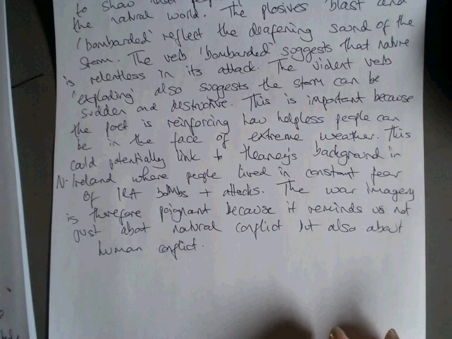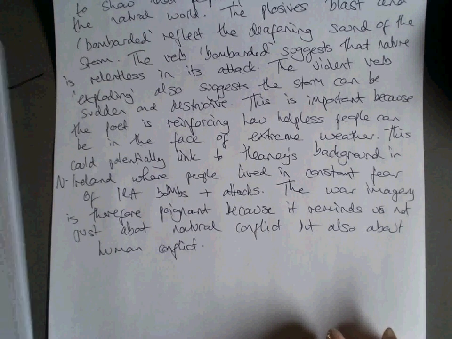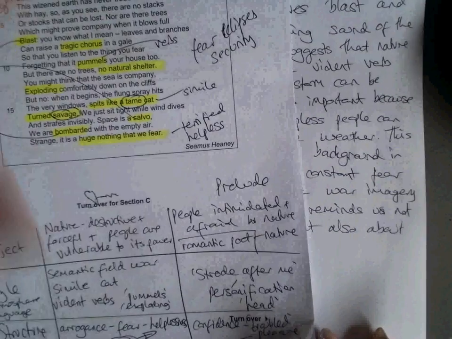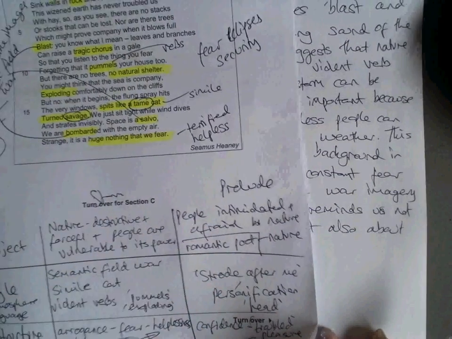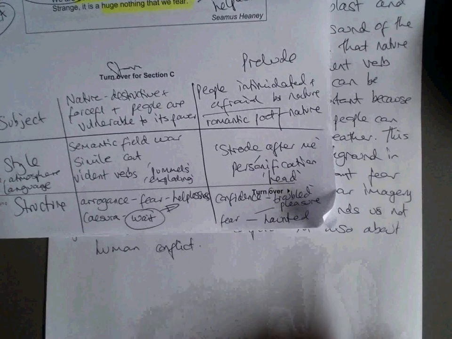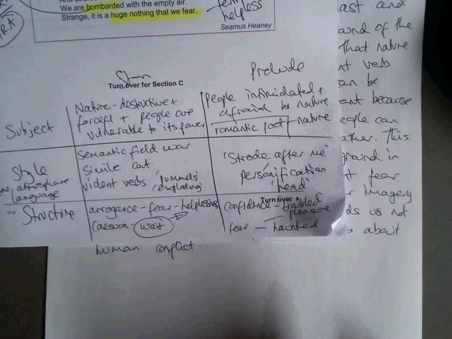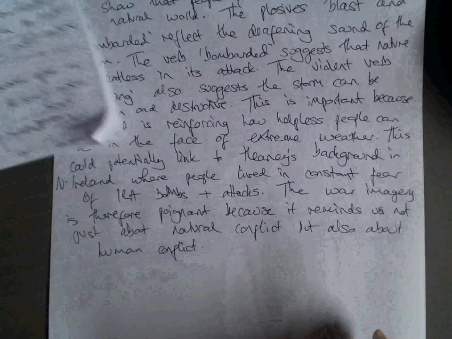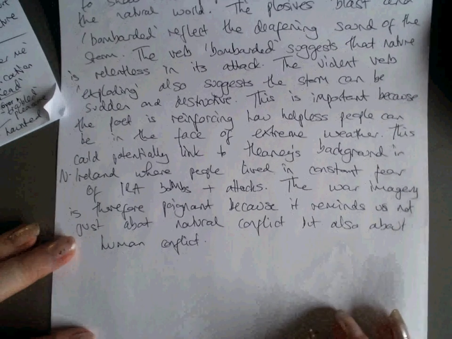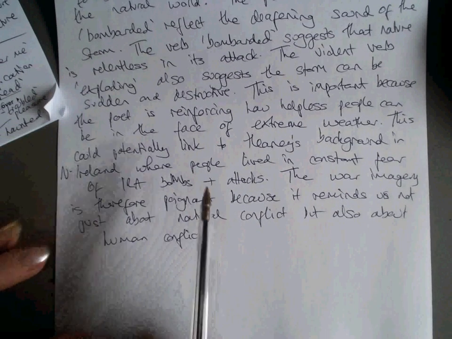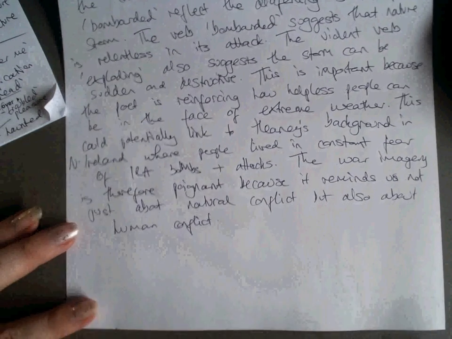So I've really developed my point on Storm on the Island, but I also am aware that I need to bring in now Prelude, because I am going to be marked for comparison here. So we remember from the previous tutorial that, as I told you, the only quote I could really remember was "strode after me," that it reared its head, and I know that he talked about being troubled. So we're focusing here on the power of nature.